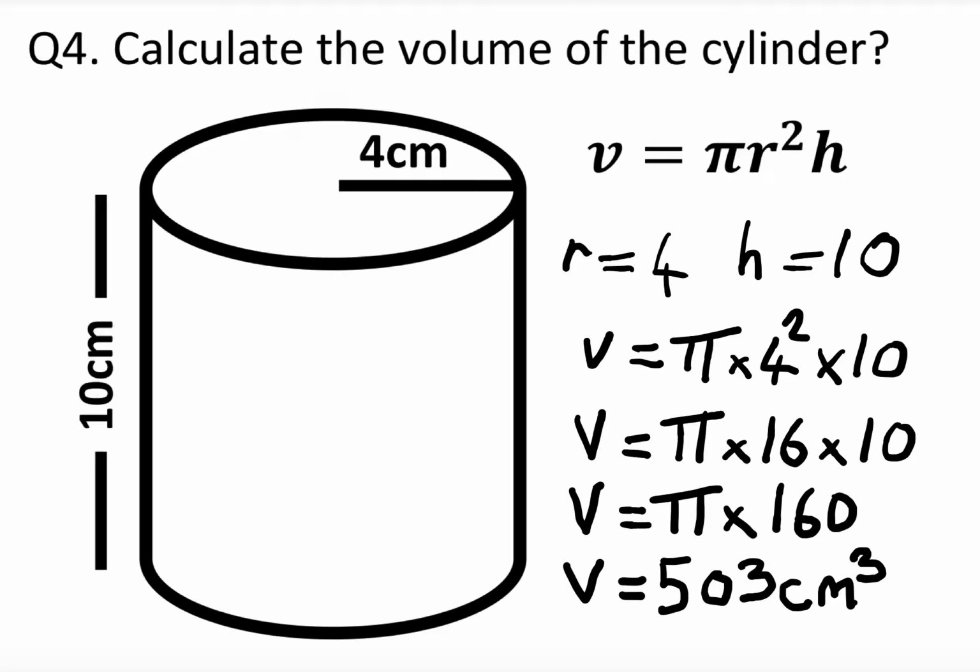So we have to round it, and we've done that to 3 significant figures. I'll put that in brackets underneath: 3 significant figures. There you go. So that's 503 centimetres cubed, that cylinder.